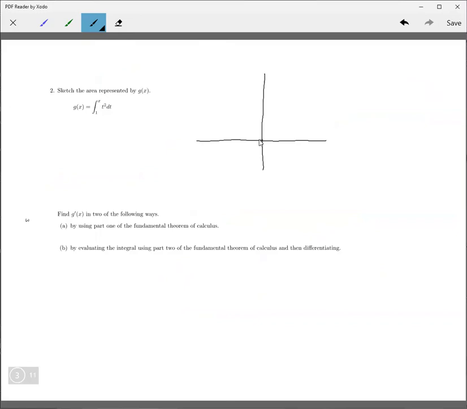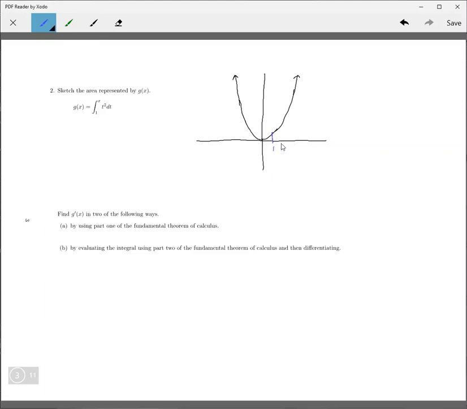Okay, so what you can do is sketch y equals t squared like this. Then this is the integral from 1 to x. So that might be 1 right there, and that's where the graph is right there.